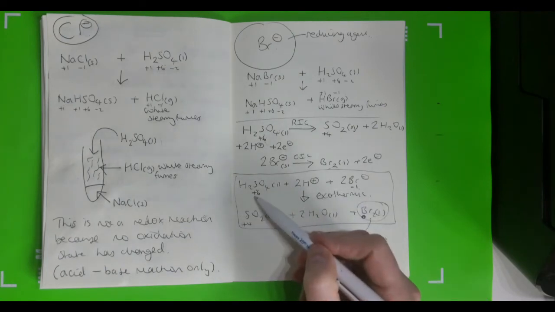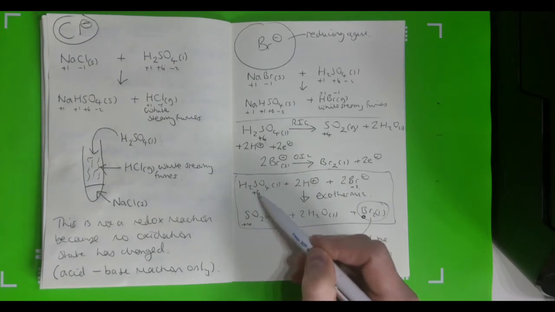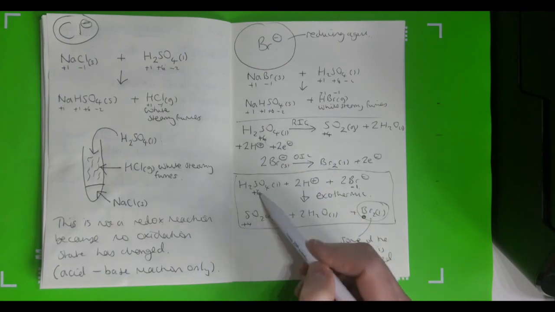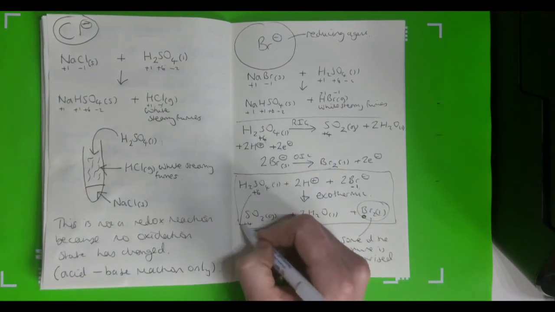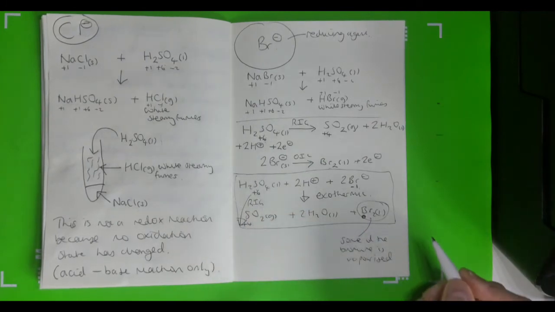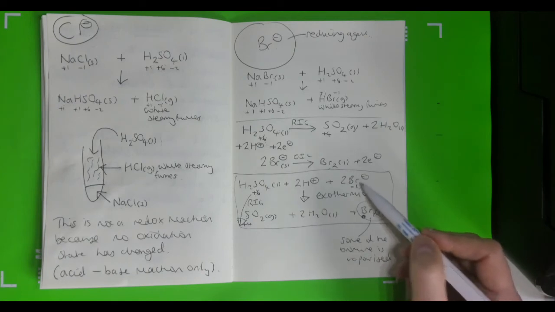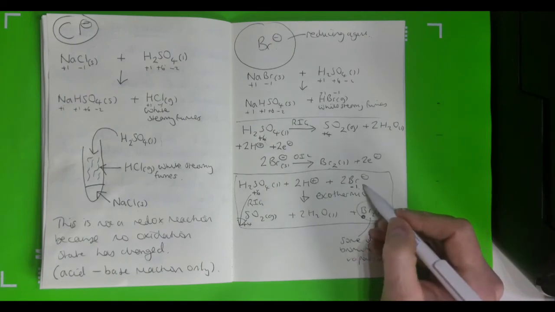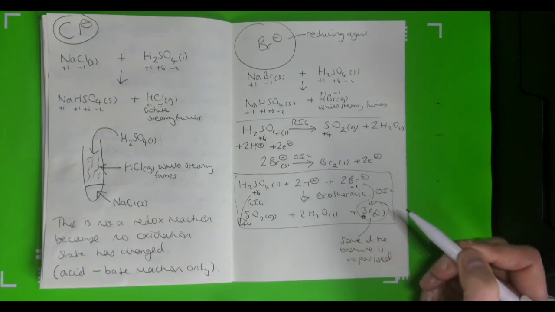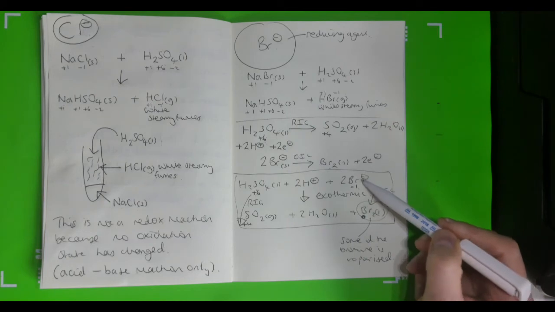So sulfur goes from +6 to +4. We're gaining electrons here because we're getting more negative. So the sulfur is being reduced. And we can see here that the bromide has been oxidized because it's getting less negative. Oxidation is loss of electrons. And that's because the bromide is a reducing agent.